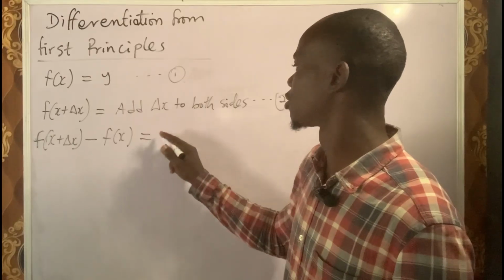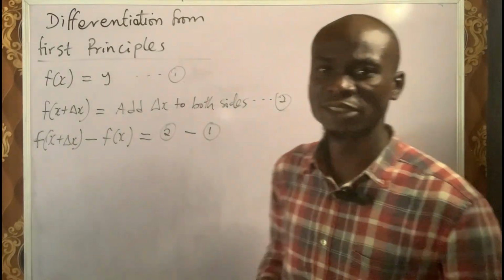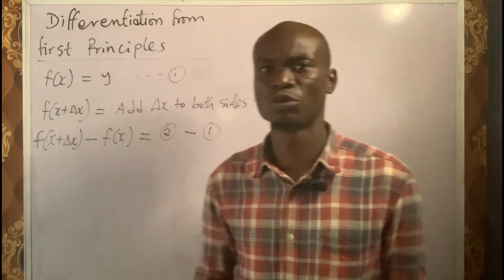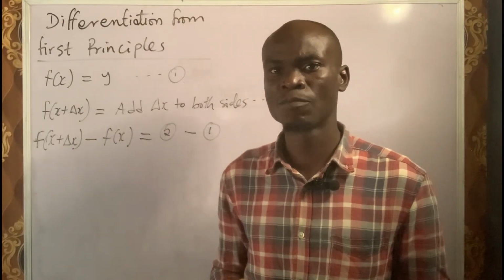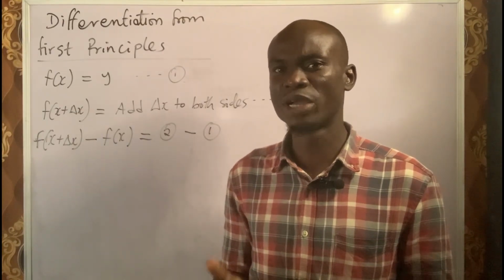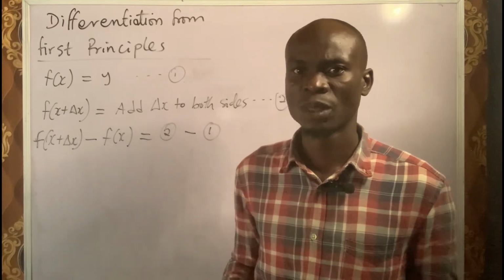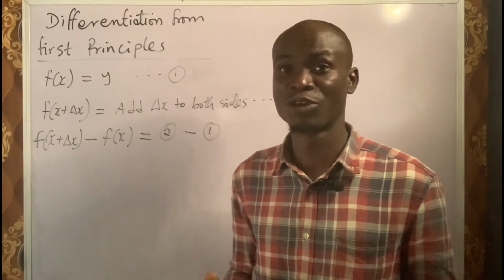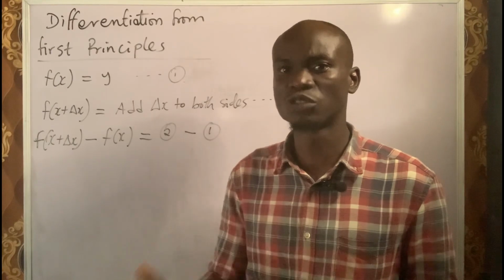And usually when I get to the third step, equation 2 minus equation 1, I simplify whatever I get there to the point where I can factorize delta x out. As soon as I factorize delta x out, which I usually refer to as a free delta x, I go to the fourth step.